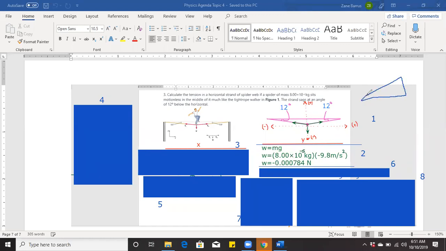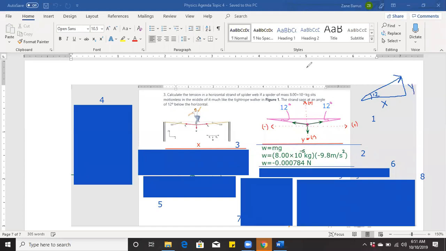So we know that this diagonal force is headed this way, it's 12 degrees. Whenever we have a diagonal force, we can always talk about its horizontal aspect, which we call x, and its vertical aspect, which we call y.